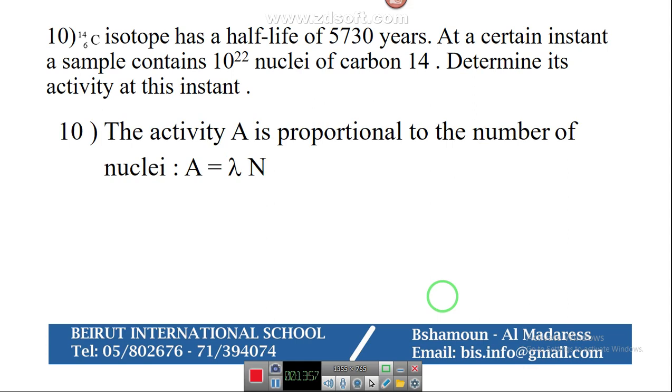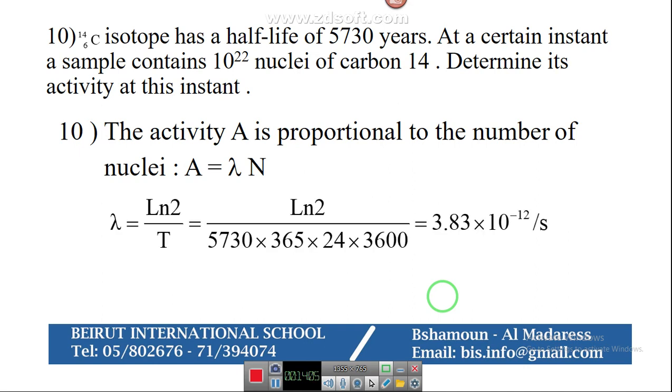First of all, activity equals decay constant lambda times N. Here, decay constant equals ln 2 over T. But we must remember here that we must change T to seconds: 5,730 times 365 times 24 times 3600, because 1 year is equal to 365 days, 1 day equals 24 hours, and 1 hour equals 3600 seconds.